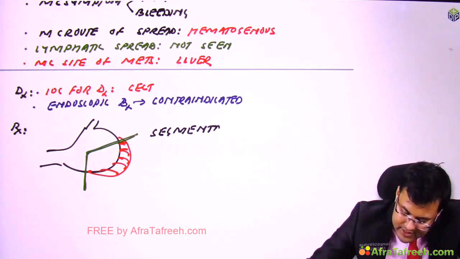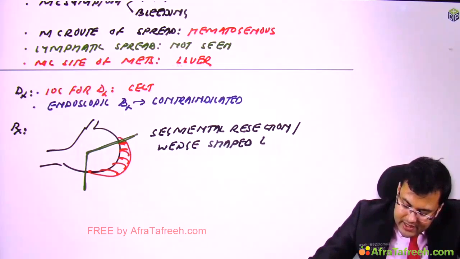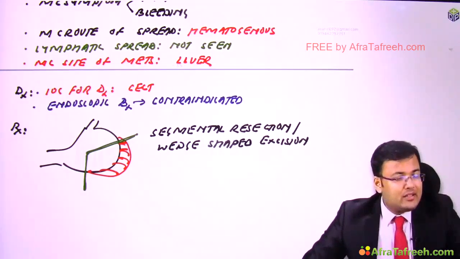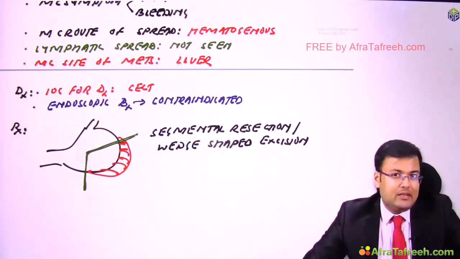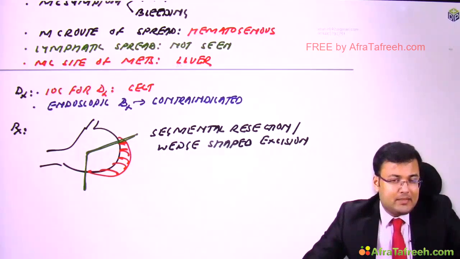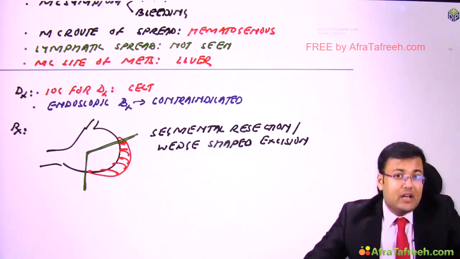The treatment of choice is segmental resection or wedge-shaped excision with 2 centimeter margin. Now the problem. In certain cases, the tumor is unresectable. Unresectable means the tumor involves the transverse colon, or on the left side the spleen or kidney. So if the left kidney, spleen or transverse colon is involved, the tumor is unresectable.